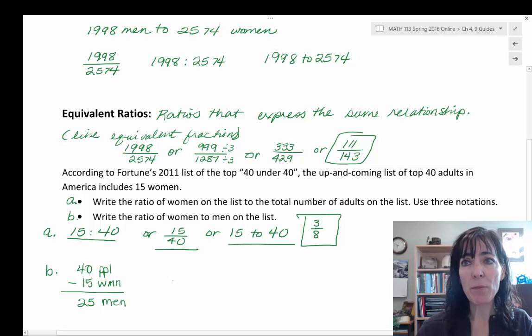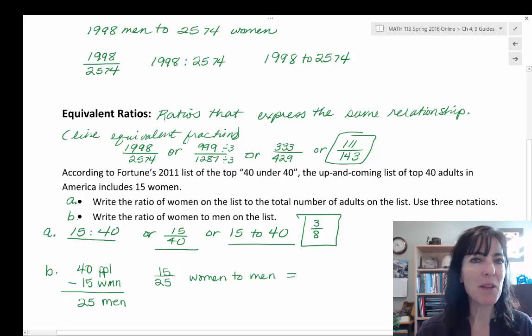And so then if I want to write my ratios, we're doing women to men, so we have to do 25 in the denominator for the men and 15 in the numerator for the women, and we would want to say women to men. We'd really love to reduce. This one's quick. I see that there's a 5 on the end of each number, so I can divide the numerator and the denominator by 5.